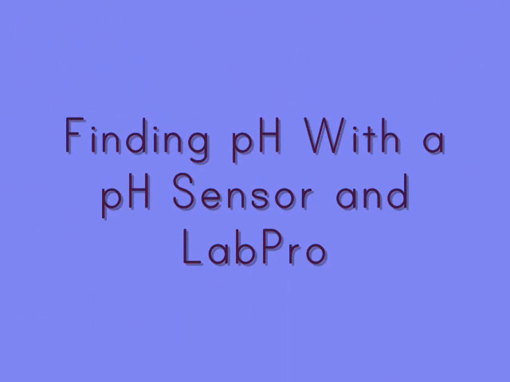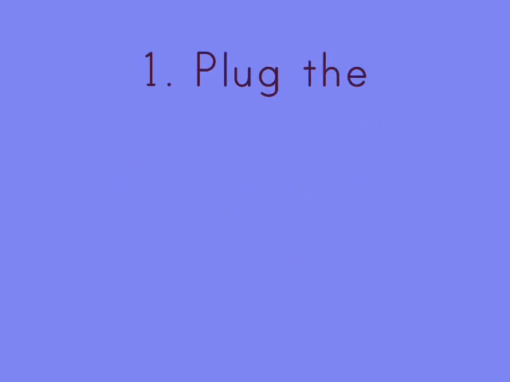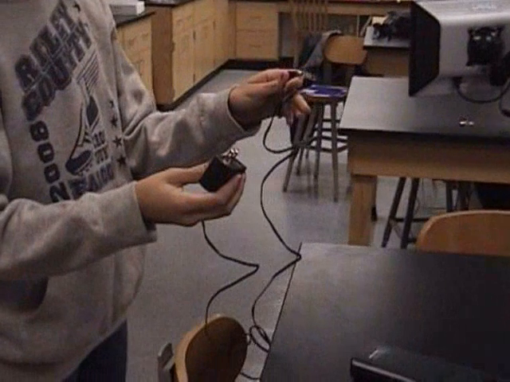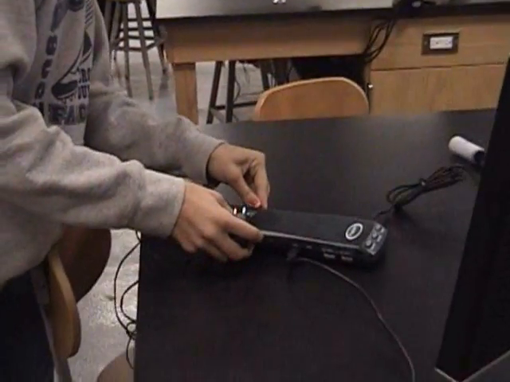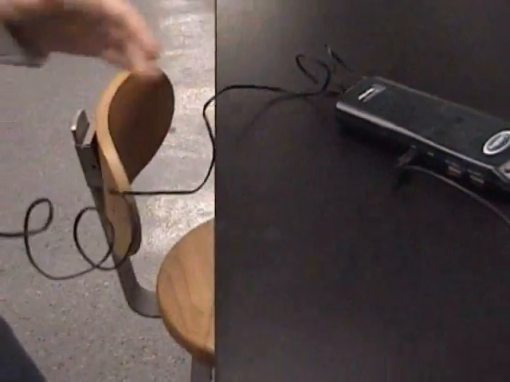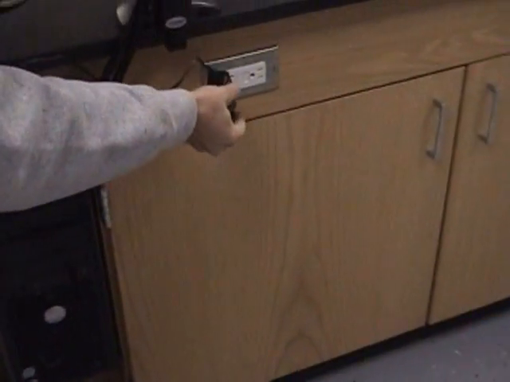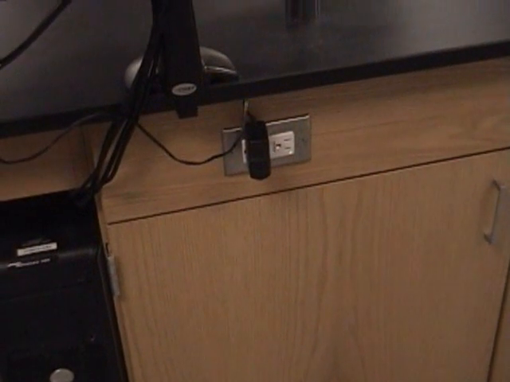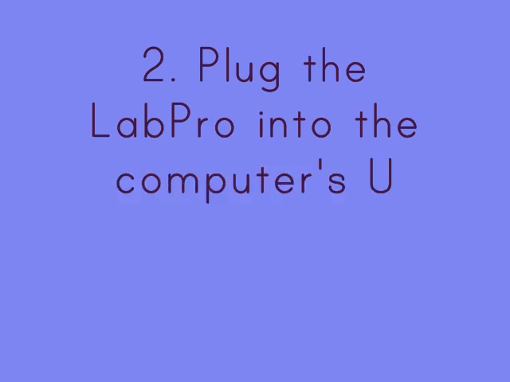Finding pH with a pH meter connected to the computer. First, you must plug the Lab Pro into an electrical outlet. Then, plug the Lab Pro into one of the computer's USB ports.